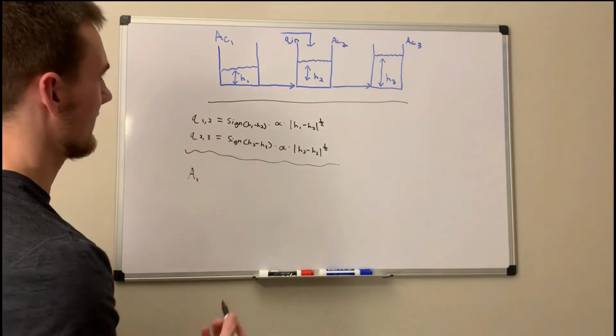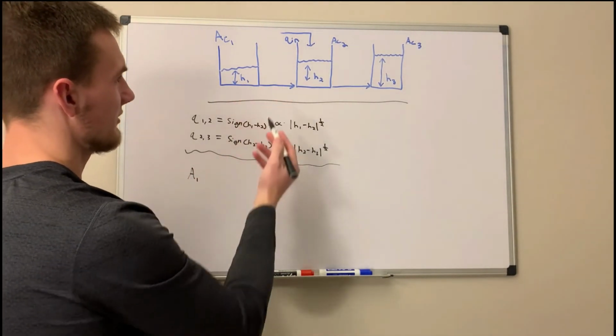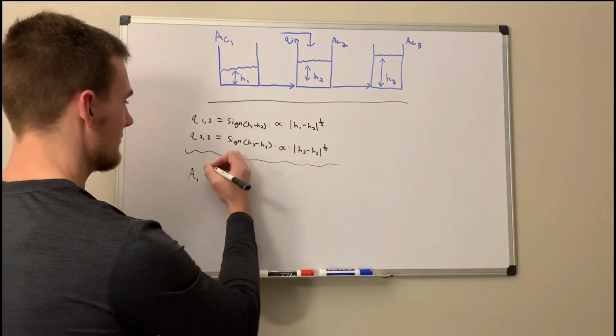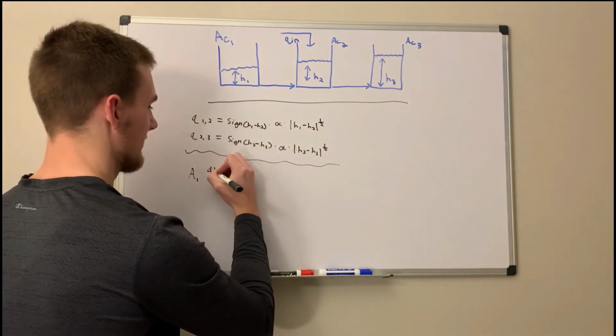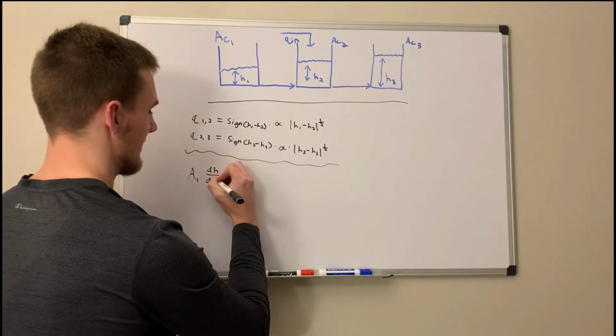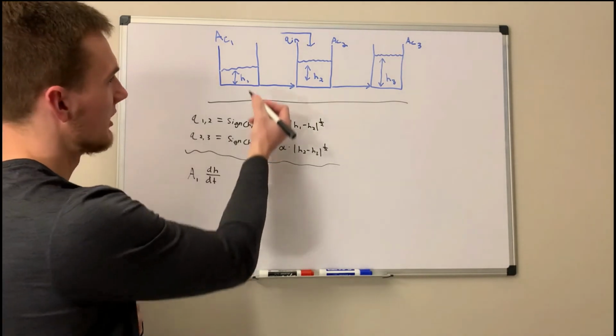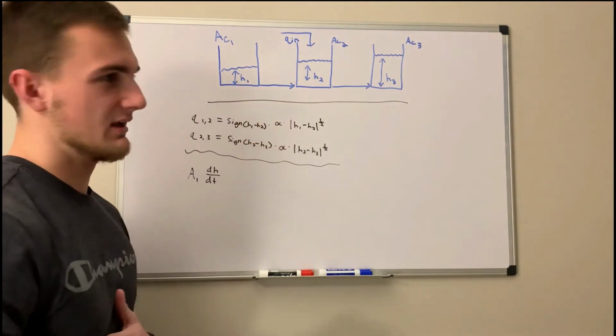So if we're looking at the flow into or out of tank 1, we'll have A1, and we'll take the derivative of the height with respect to time. So this will give us our change in volume for this tank.